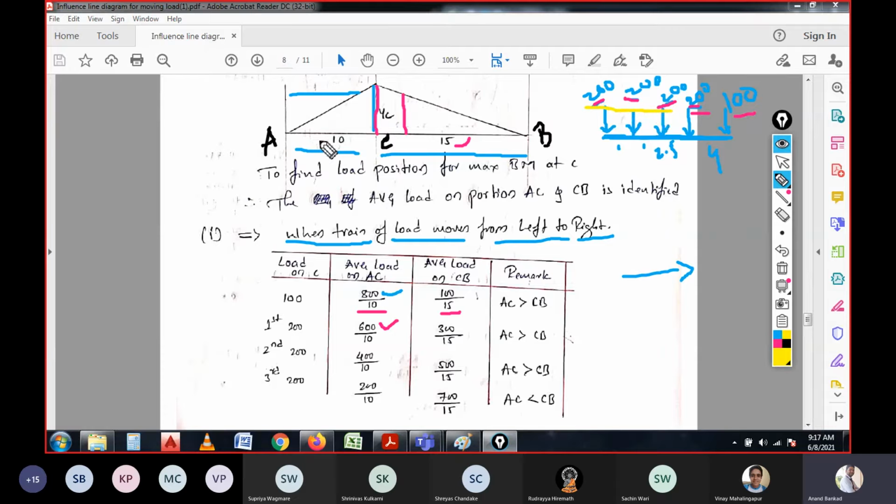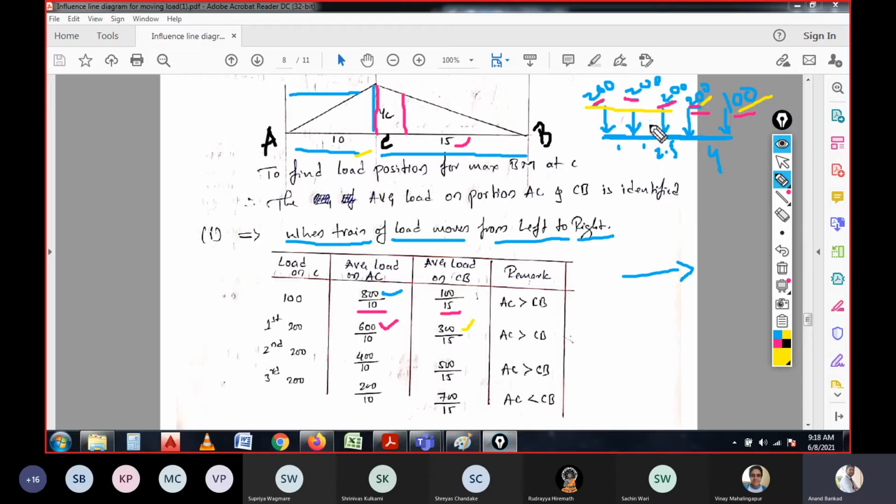So these altogether will be 600 for the span of 10 meter, and the load on the span of BC is 200 plus 100, that is 300, for the span of 15 meter. Again, if you consider the average ratio, the AC span has a higher average than CB. But our intention is to have the higher average load on BC.